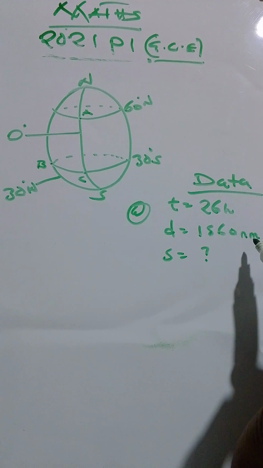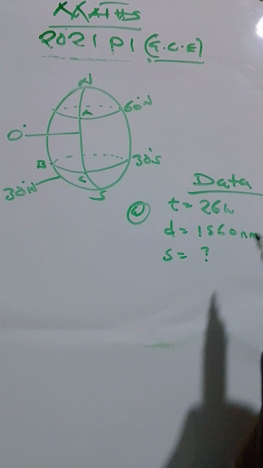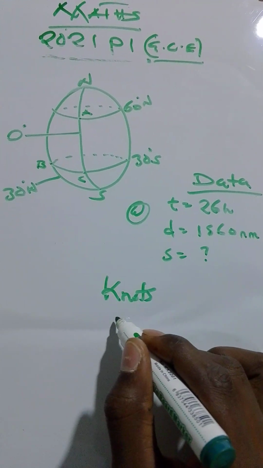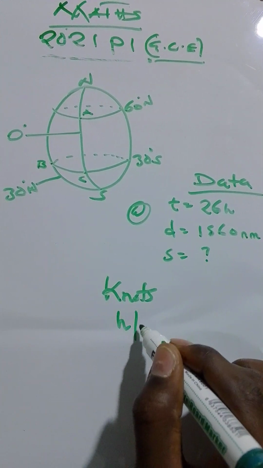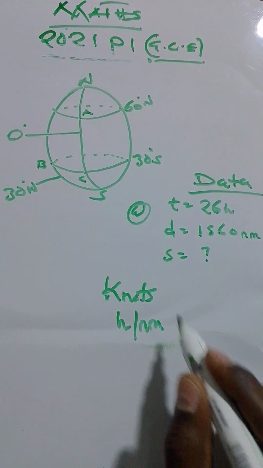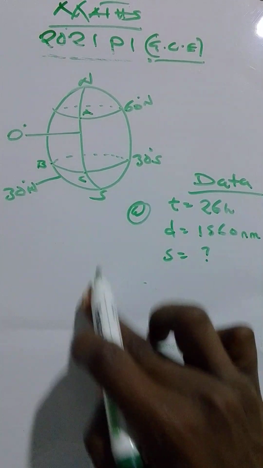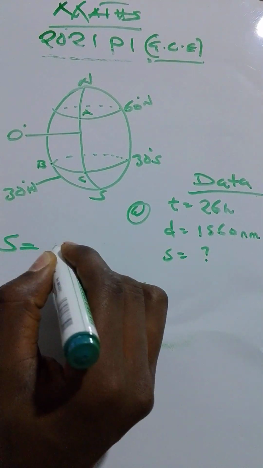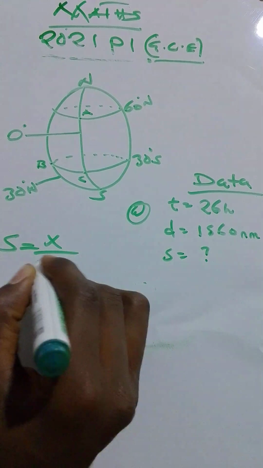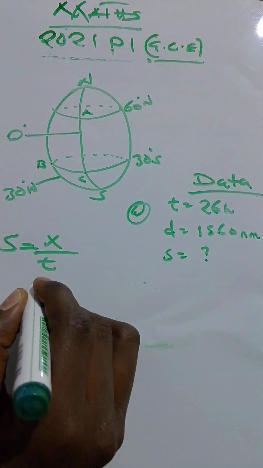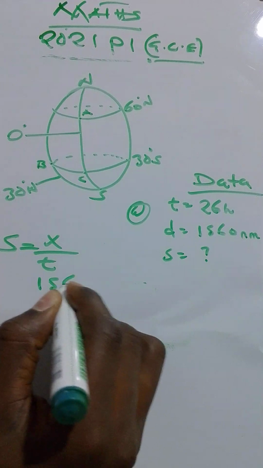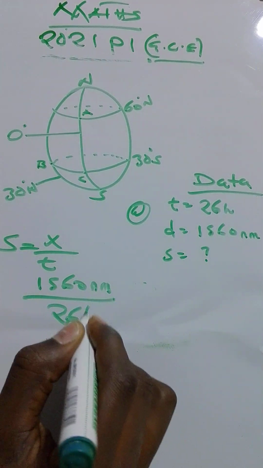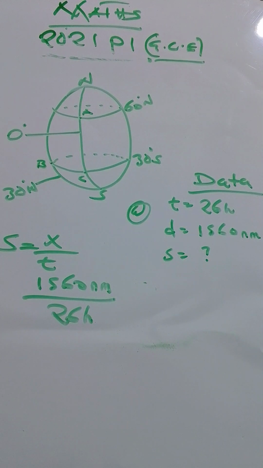So remember, whenever we're talking about knots, talking about hours and nautical miles, it's like kilometer per hour. So since the formula for speed, we know speed is equal to distance over time. So our distance, we have 1,560 nautical miles over 26 hours. And this is paper 1, we don't use a calculator.